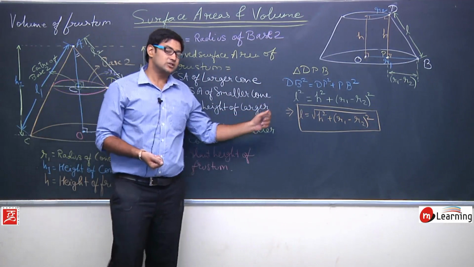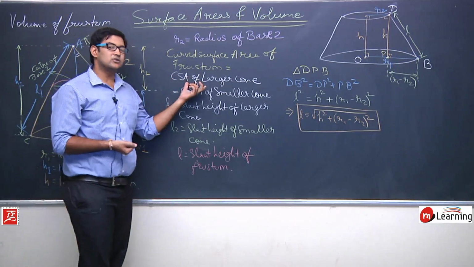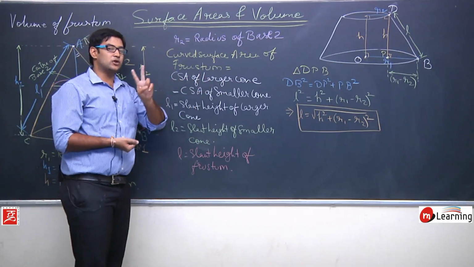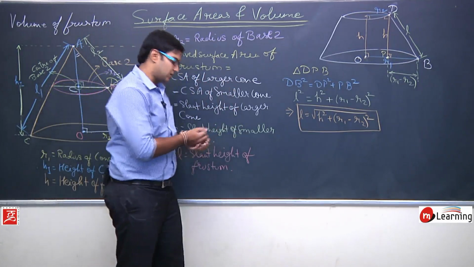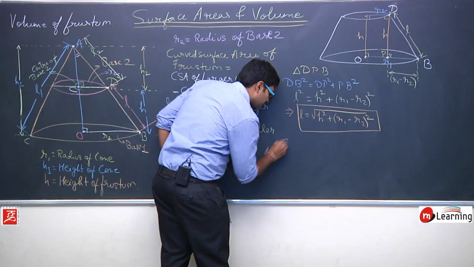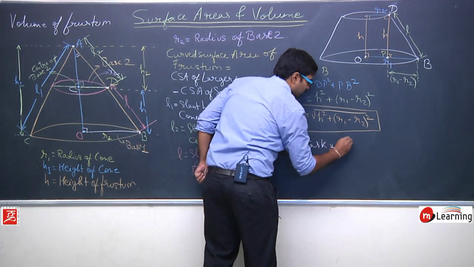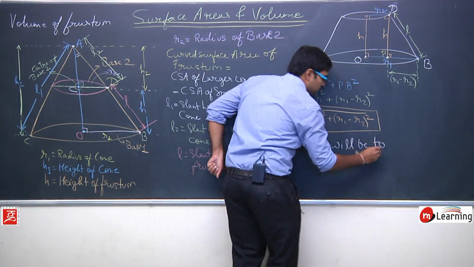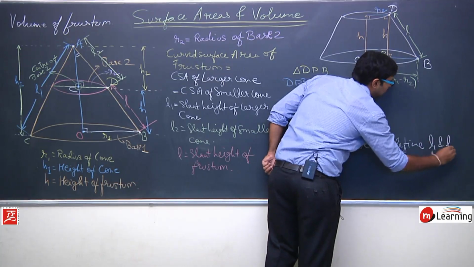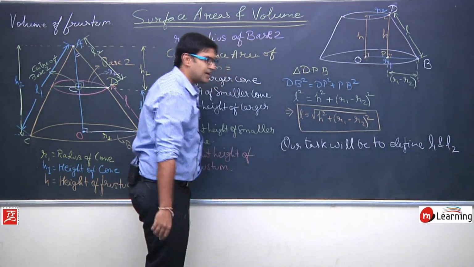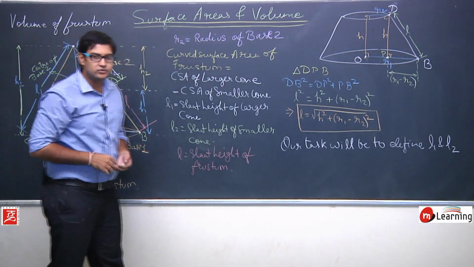Now, but our task was to define the curved surface area of frustum, and we define it using the curved surface area of the two different cones. So here also our task will be to define L1 and L2. L1 is slant height of larger cone, L2 is slant height of smaller cone.